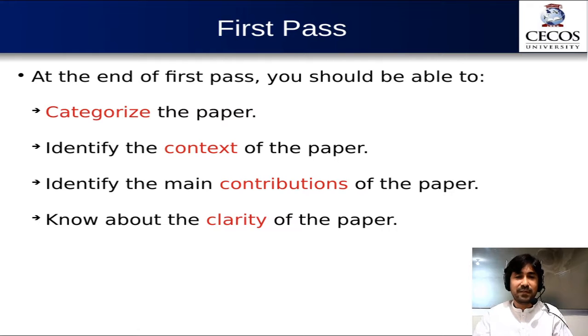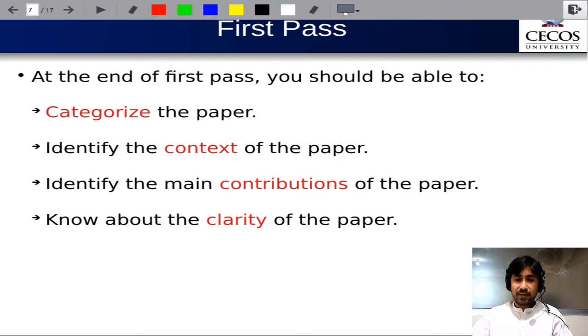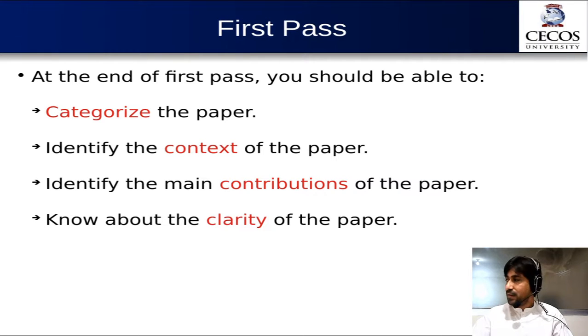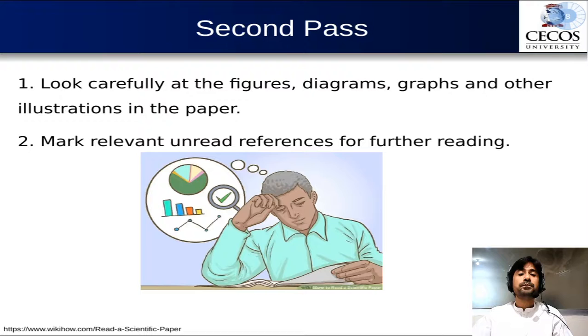You have to sell your results, your work, and for that clarity is very much important. There are several tutorials and courses available on how to technically write a paper. The focus of this video is not on writing, it is on reading, but just to mention, clarity is important for writing.